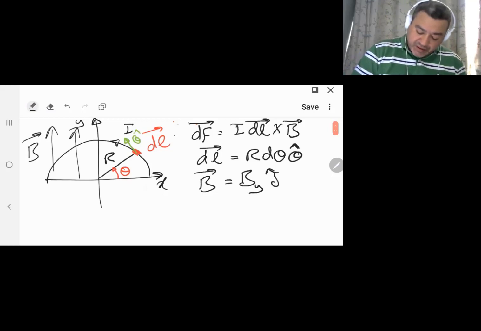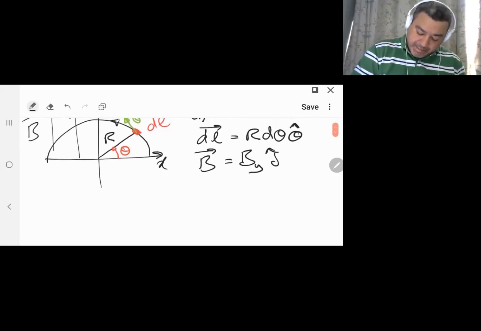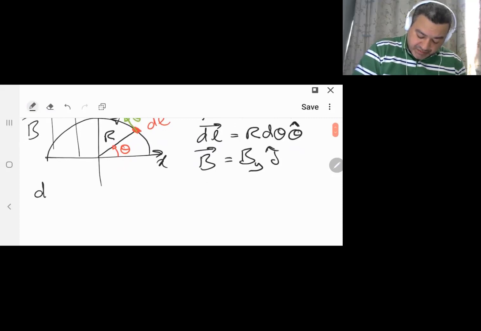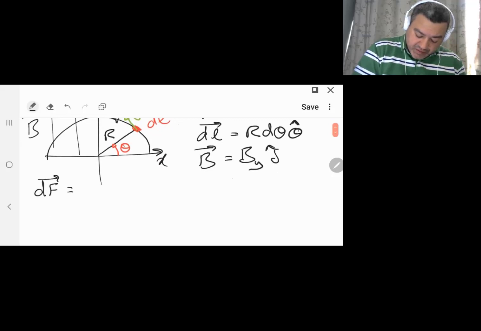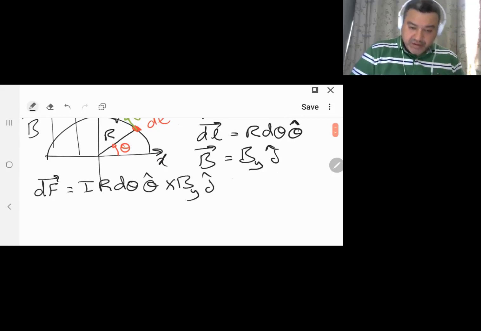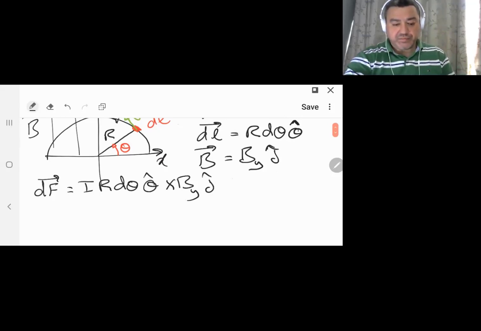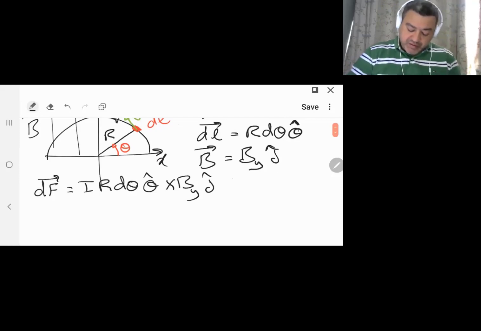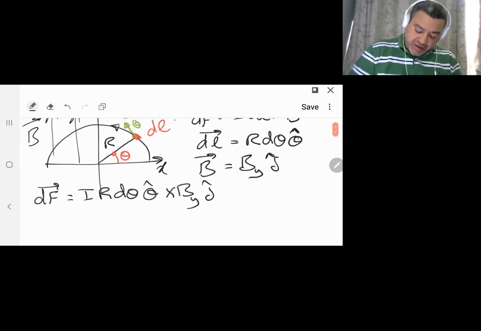Now I can put everything together, where dF equals I r d theta, theta hat cross B_y j hat. This is my differential representation of the magnetic force along this semicircular shape.